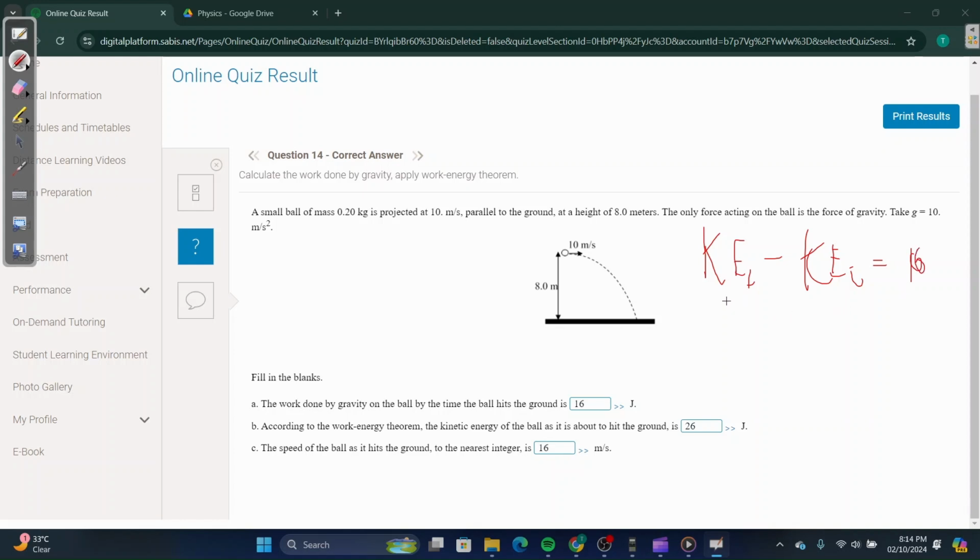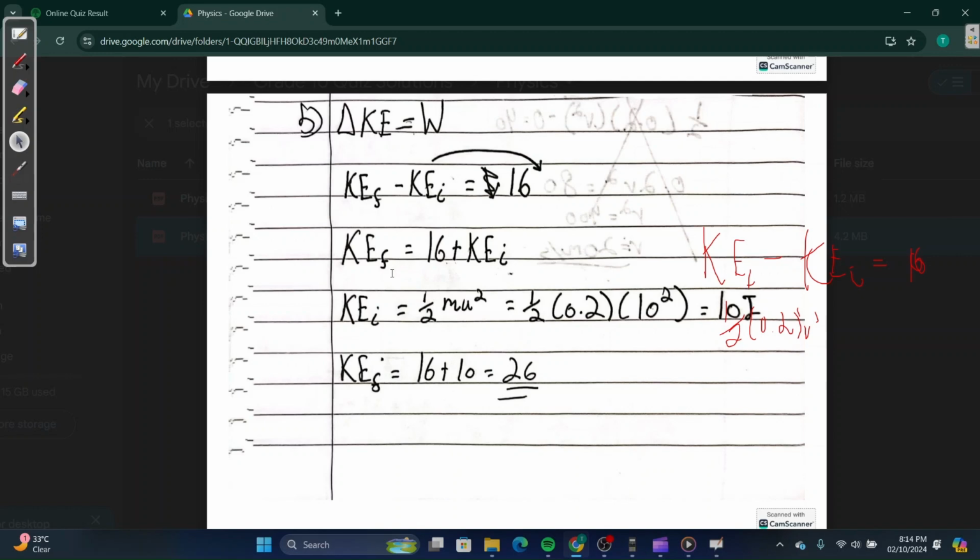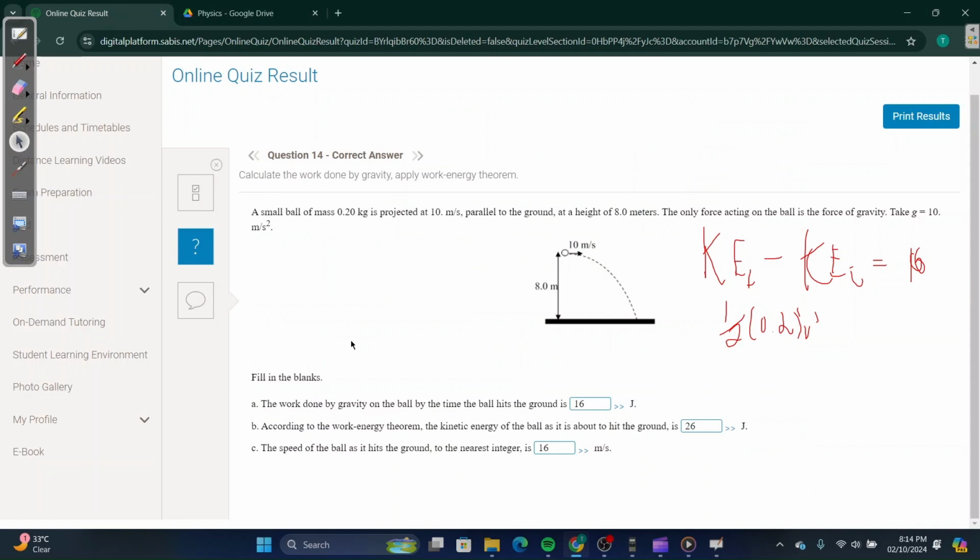KEI is half of mv squared. Did they give us the initial? No, wait, they did give us the initial, my bad. It's projected at 10 meters per second. We'll keep KEF as it is because we're going to solve for it later.